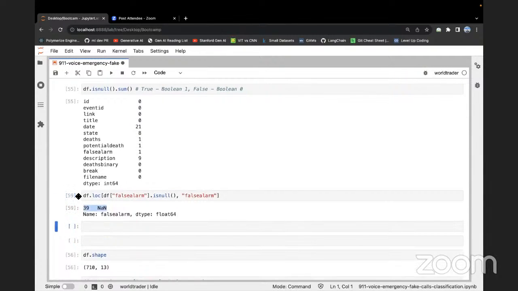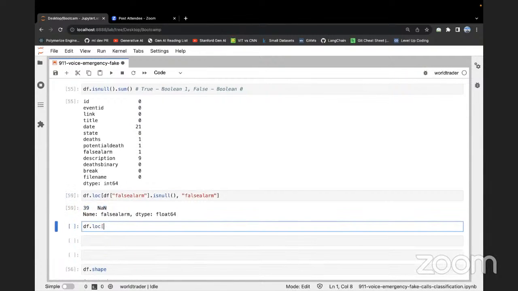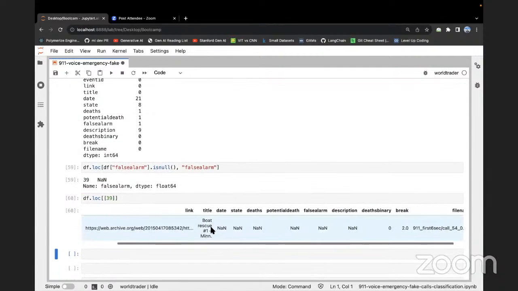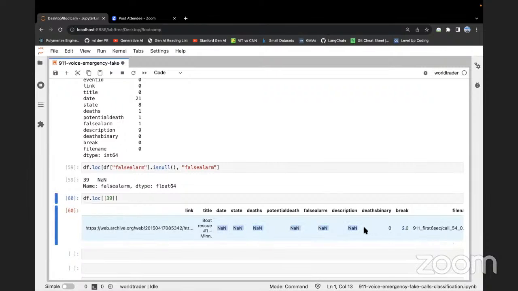The 39th row is null. So I'll just quickly check df.loc 39. This is the event which has null values. Okay. And you can see potential death, false alarm, all of them are null. So this 111 is basically coming from common rows.